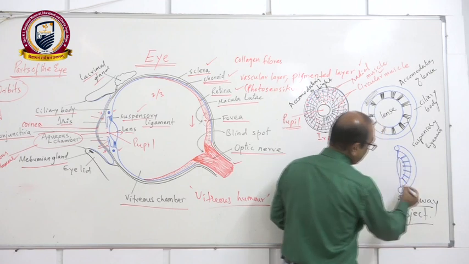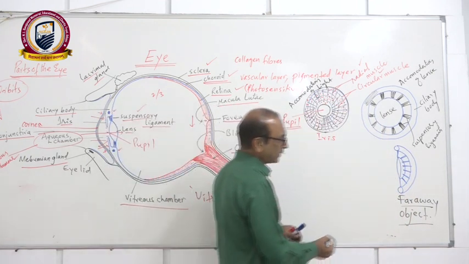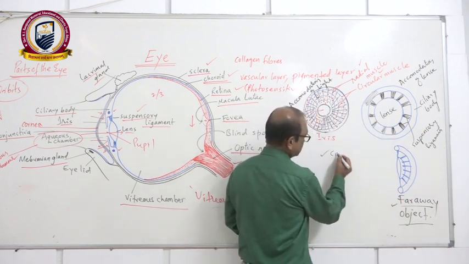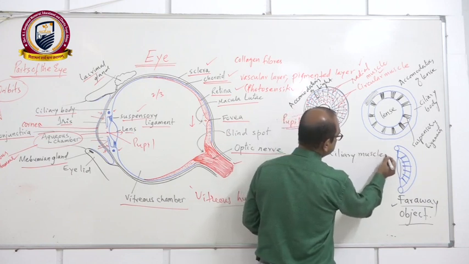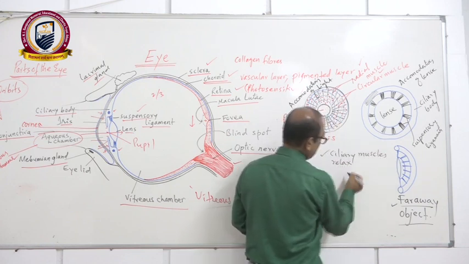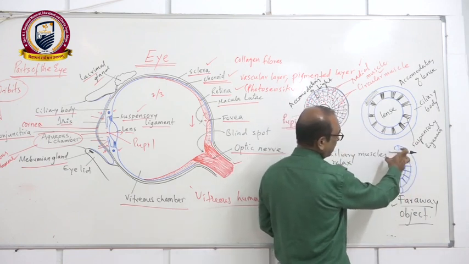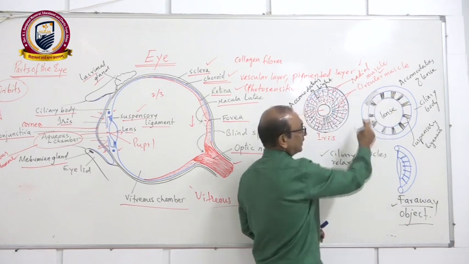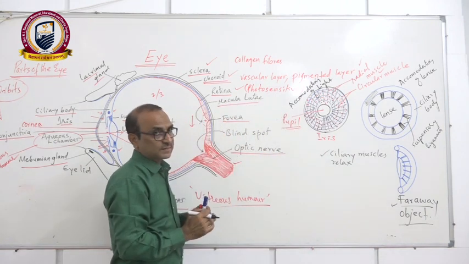This diagram gives you the changes in the lens and the ciliary body when we are looking at a far away object. So what are the changes happening here? Ciliary muscles relax. So we see that the ciliary body moves away from the lens like this, right? Its diameter increases.